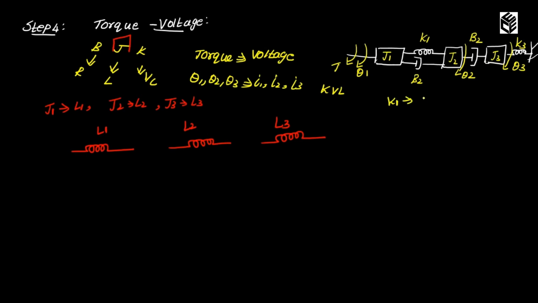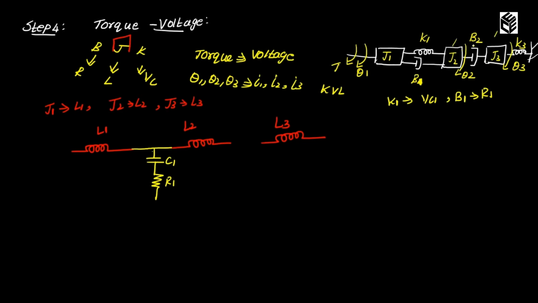So K1 is replaced as 1 by C1 and B1 is replaced as R1. So I am going to draw these two in series between 1 and 2. So that is C1 and R1.